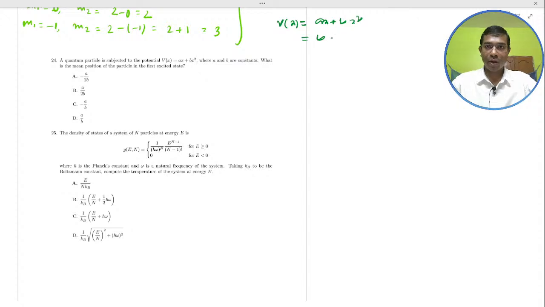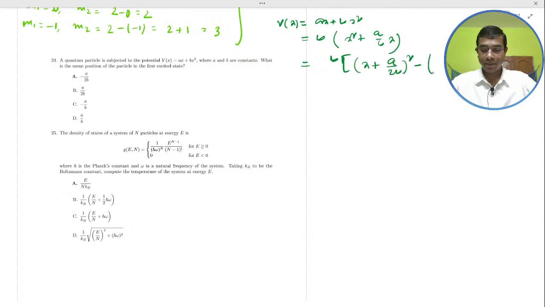You have to put it in square form: b(x² + (a/b)x). Making it a perfect square, x plus a by twice b, whole square, minus a by twice b, whole square. That is nothing but b into (x + a/2b) whole square minus a square by 4b.